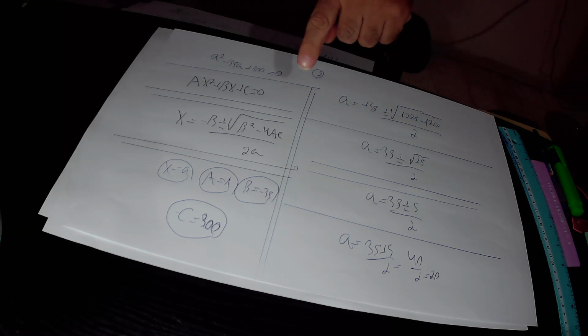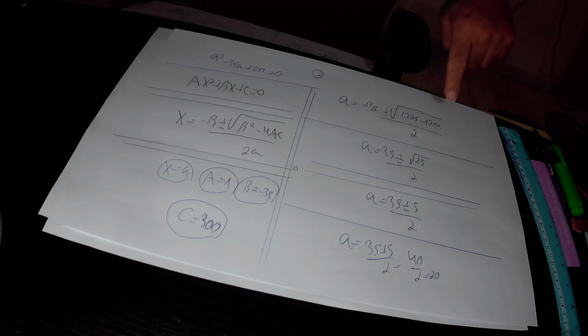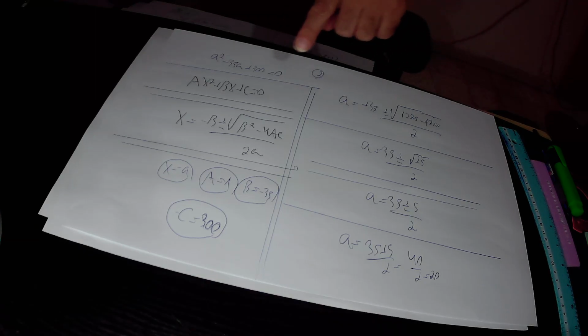So in total, b squared minus 4ac equals 1225 minus 1200, all divided by 2a.